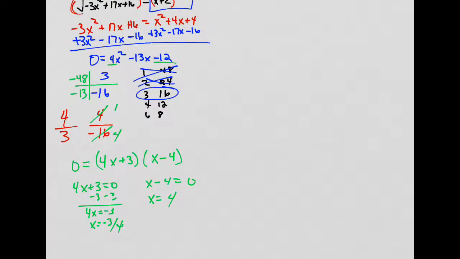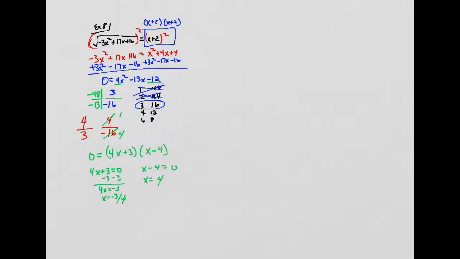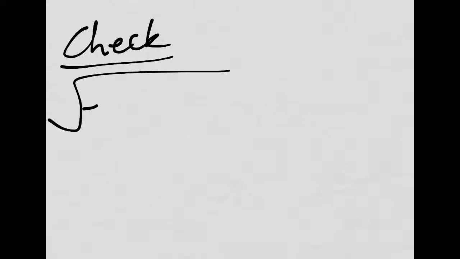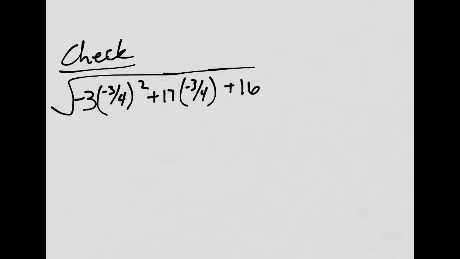Then this is the part where most of you will have a hard time, and that's plugging the fraction back in to see if it works. So plugging the fraction back in. Square root of negative 3 times negative 3/4 squared plus 17 times negative 3/4 plus 16 is equal to negative 3 over 4 plus 2.